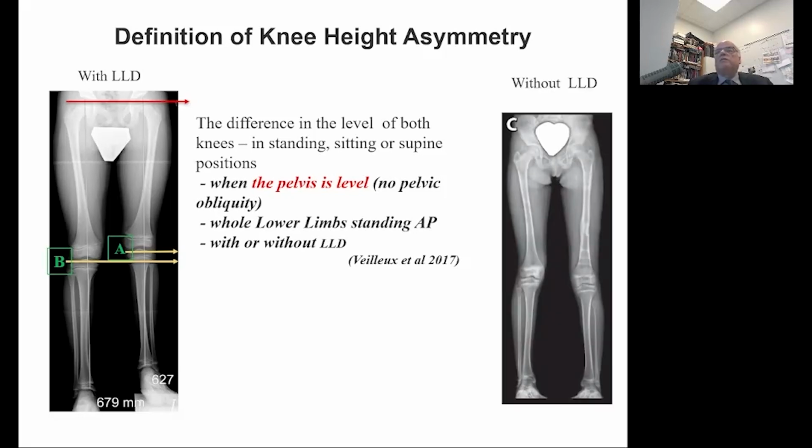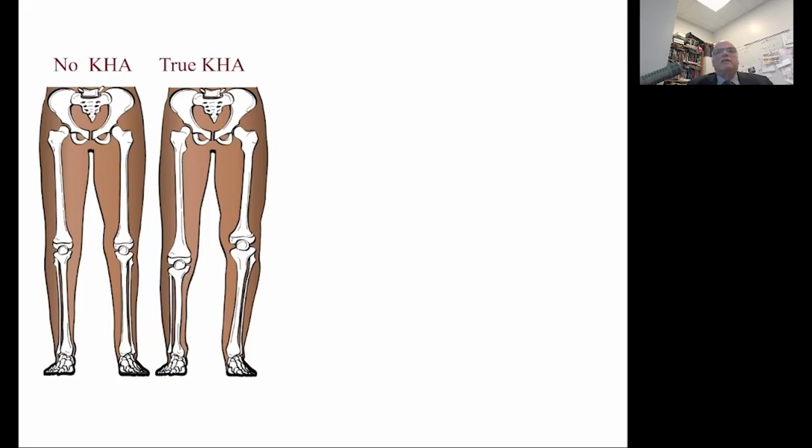However, and we are going to see this in the next few slides also, you can have a knee height asymmetry without LLD. In the example on the right-hand side, the pelvis is level, the measurement of the whole lower limb shows no LLD, but there is obviously a knee height asymmetry. So again, to repeat: in the first figure on the left, the pelvis is level and the knees are level, therefore there is no knee height asymmetry.